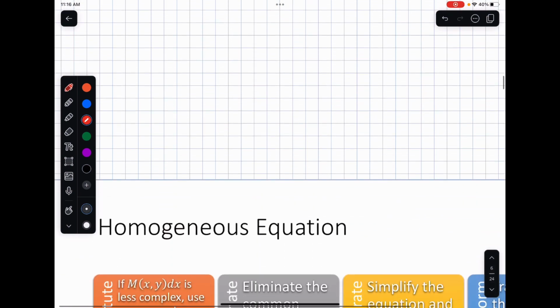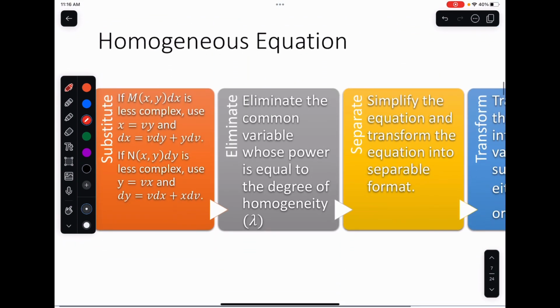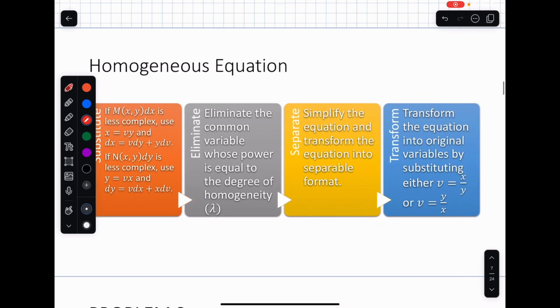So let's proceed with our next problem. This time it's about homogeneous equations. For a homogeneous equation, the process is that we substitute. Whether we substitute for x or for y depends on which is less complex.